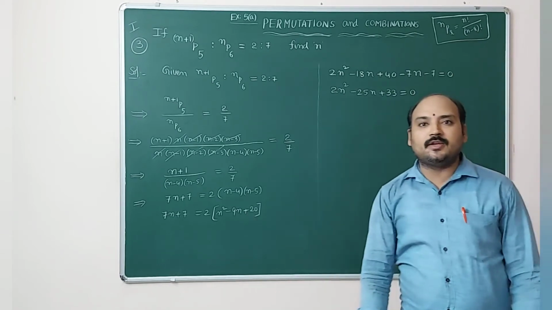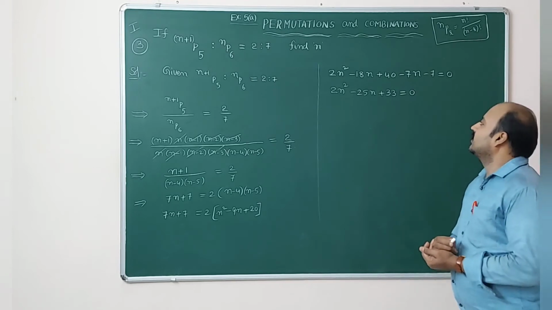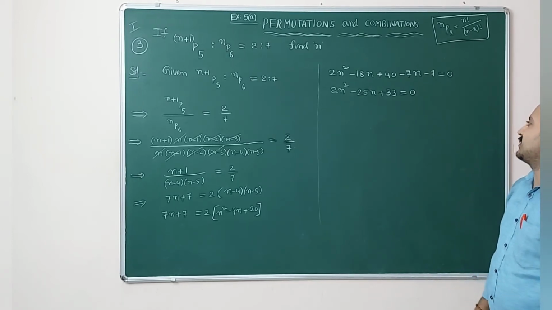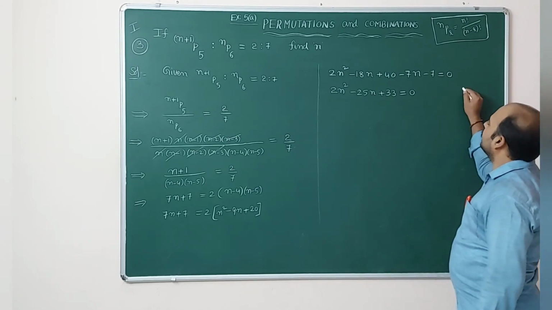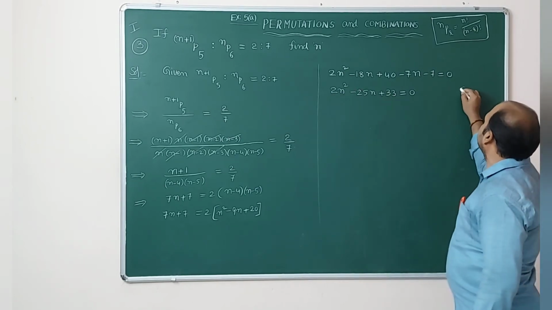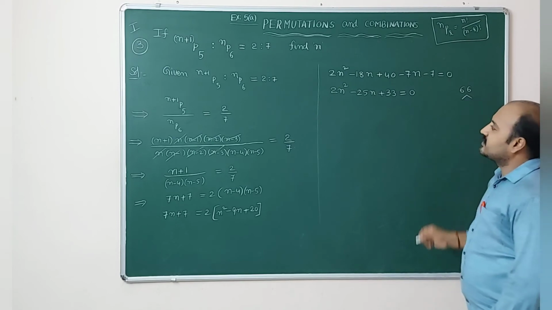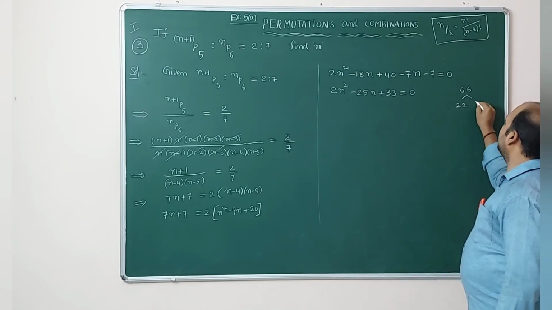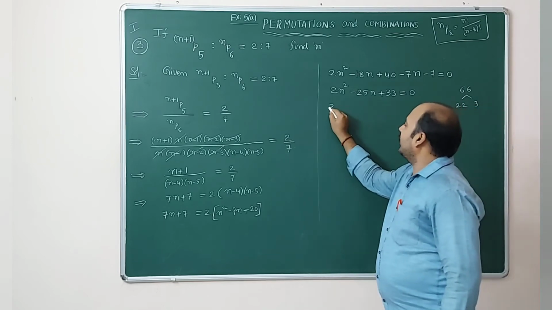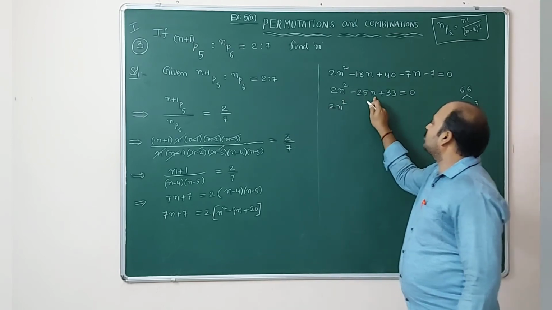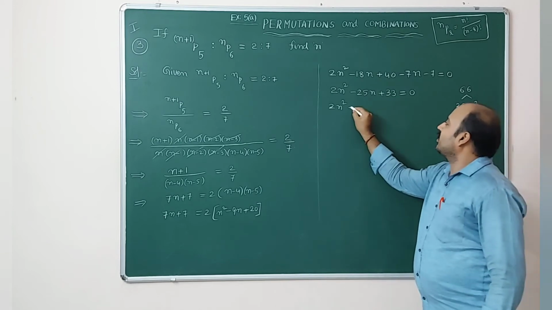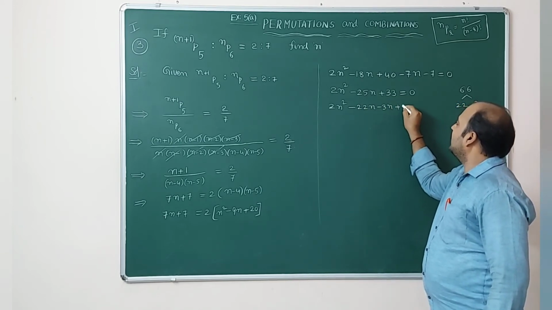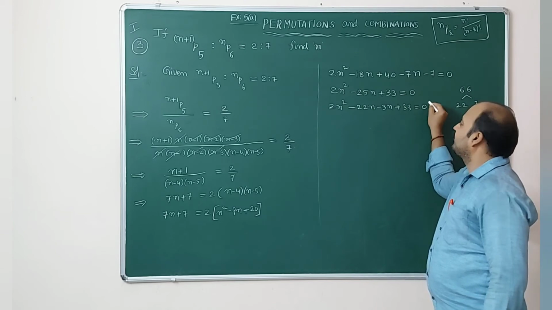Is there any possibility? 2 into 33 is 66. So for 66, 22 into 3. So we can write 2n square minus 25n as minus 22n minus 3n, plus 33 equal to 0.